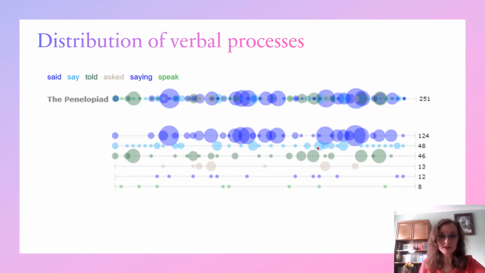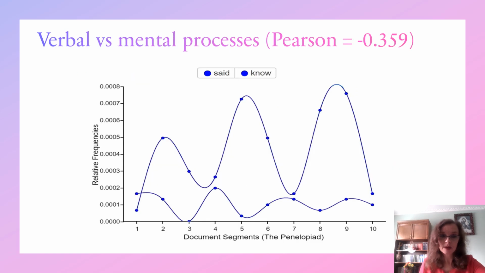Then we can see the distribution of verbal processes in the novel. We can see that the highest frequency has the verb form said, and we can compare its distribution with some other forms of verbal processes.